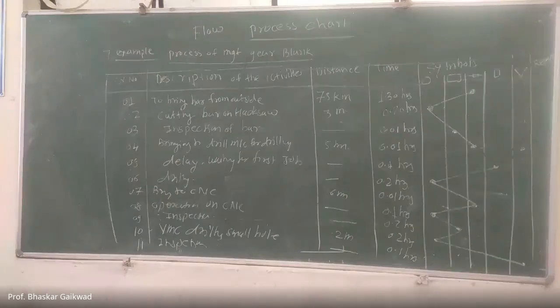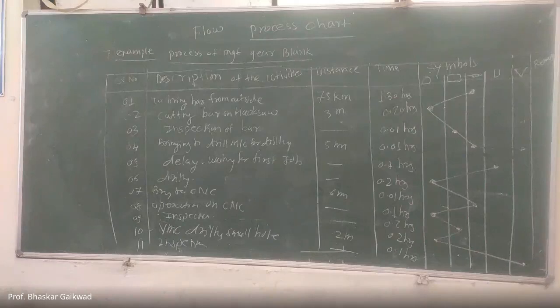So related to our job, first of all, bring the bars from outside. After that, cutting bars on the hacksaw. So cutting is the operation; bringing the bars from outside is transportation. Inspection of the bars, bring to drilling machines, the transportation is there. Delay for waiting for the first job to be completed or not.